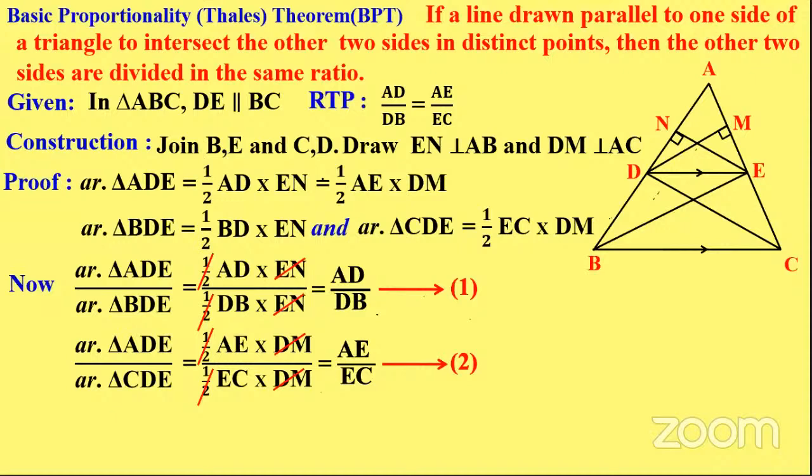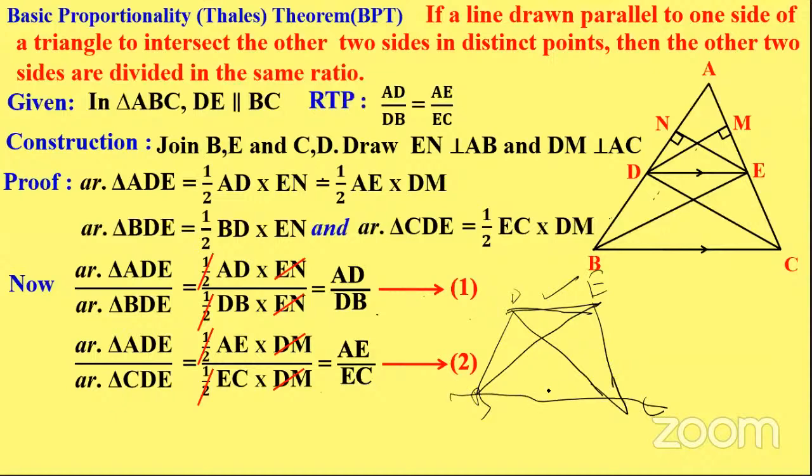Children, let us see here. This is the side DE. This is the triangle BDE. This is another triangle CDE. This is the base. These two are the parallel lines, arrow marks.